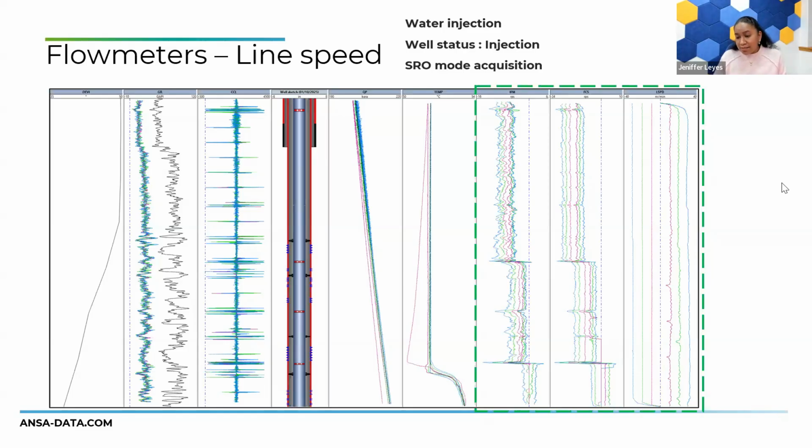The response of the spinners, which is the RPS, will be related to the relative velocity. Basically, this is the velocity of the fluid minus the velocity of the tool string, the velocity at which you are running in hole or going out of the hole. In PLT, what we are interested in is the velocity of the fluid, right?